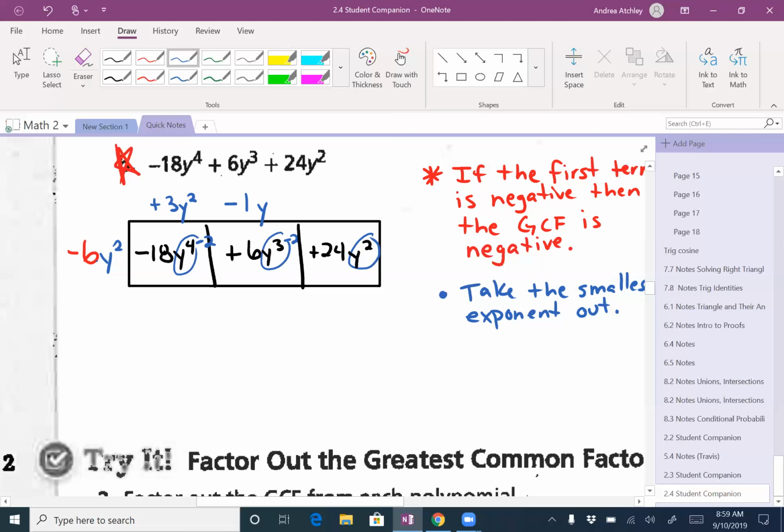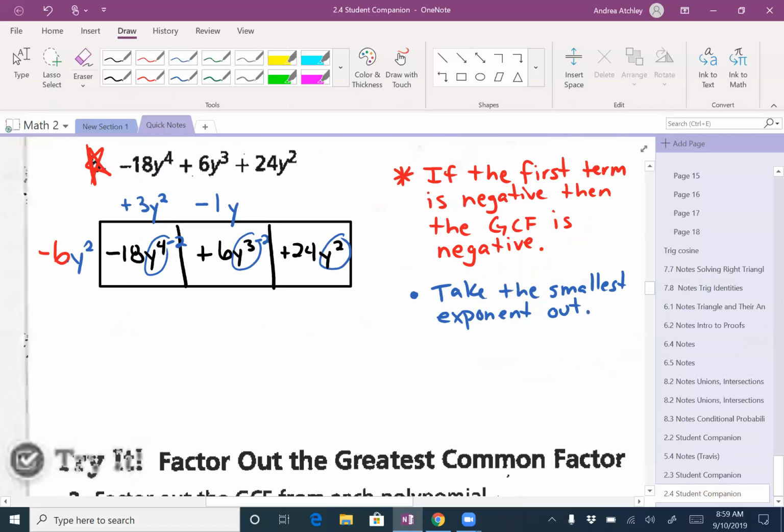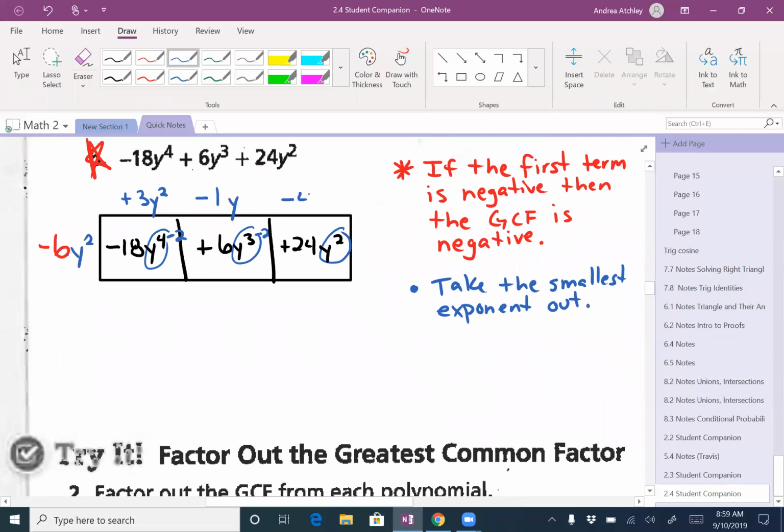Then negative 24 divided by negative 6 is a negative 4. I subtract the exponents, which gives me y to the 0 power. What's y to the 0 power? 1. Anything to the 0 power is 1. So it's basically just 1 times negative 4, which is negative 4.